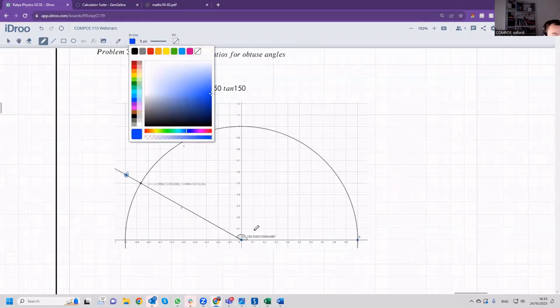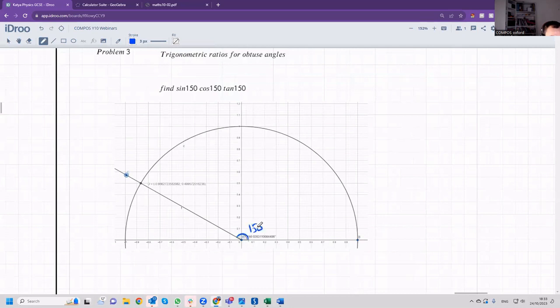And this point has coordinates minus 0.867 and 0.5. So what is cos 150 degrees?